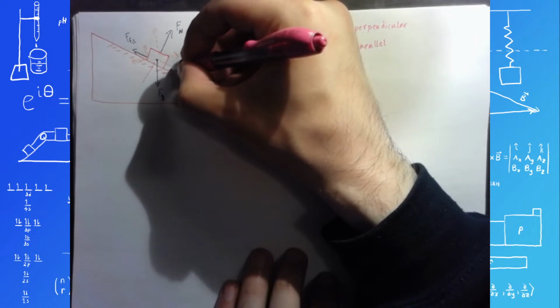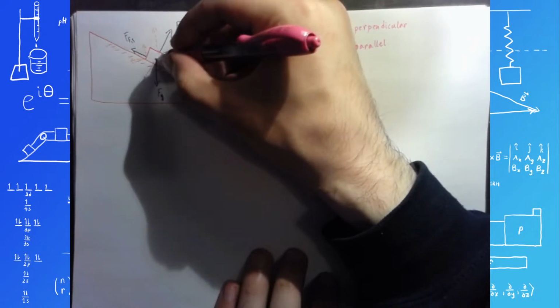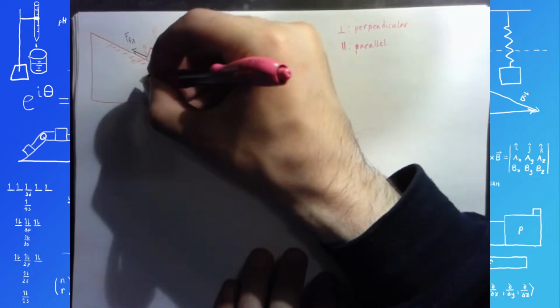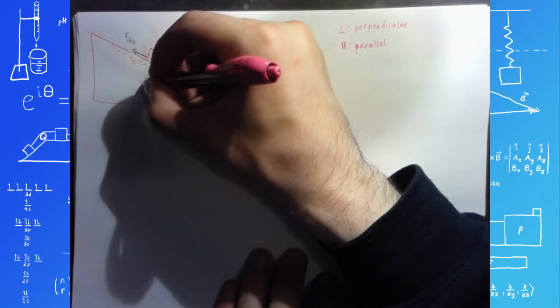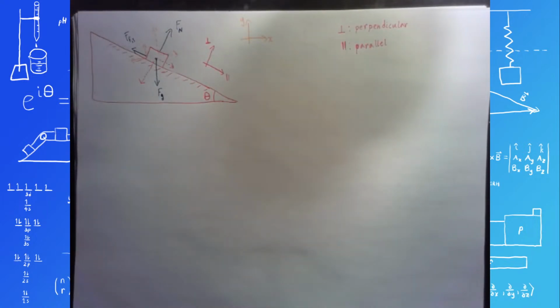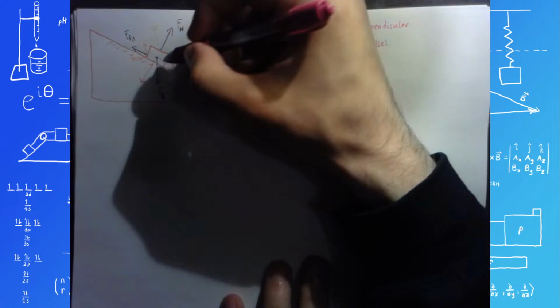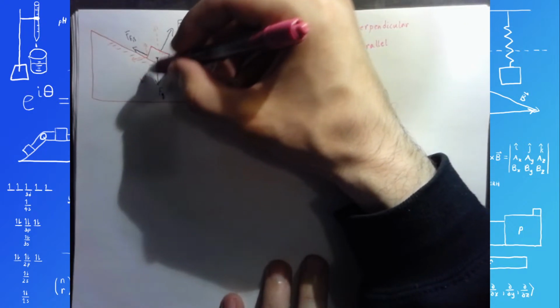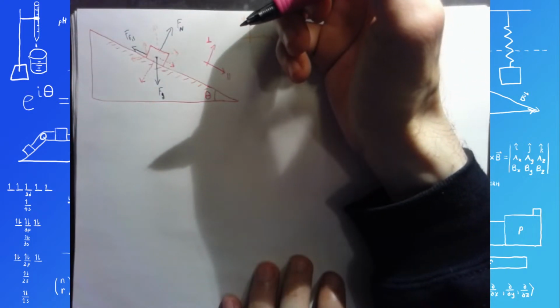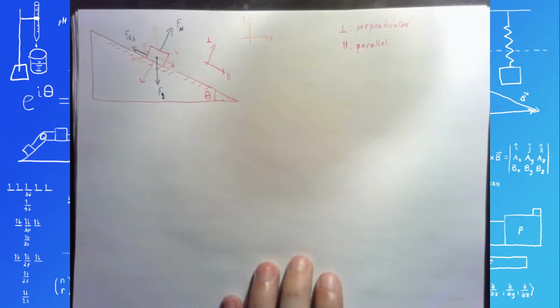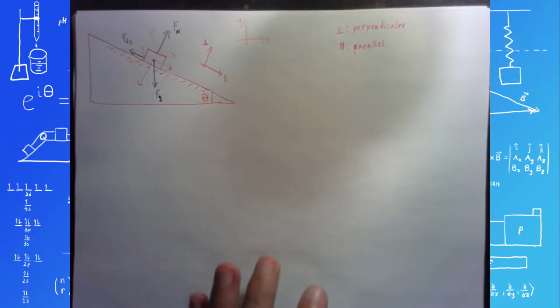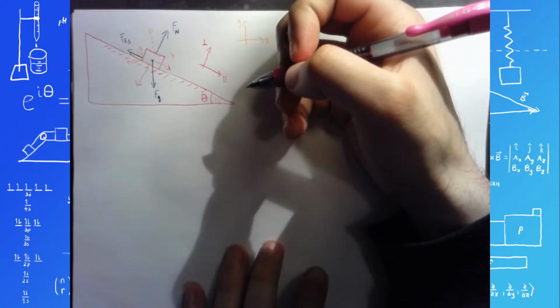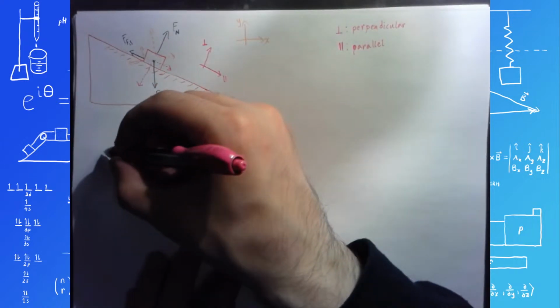A component that is parallel to the incline and down, and a component that is perpendicular to the incline and down. And to do that, we're going to need a bit of geometry. We need to figure out which of these is going to be the cosine component and which of these is going to be the sine component, and what angle to even use. Let's go ahead and draw another copy of this.